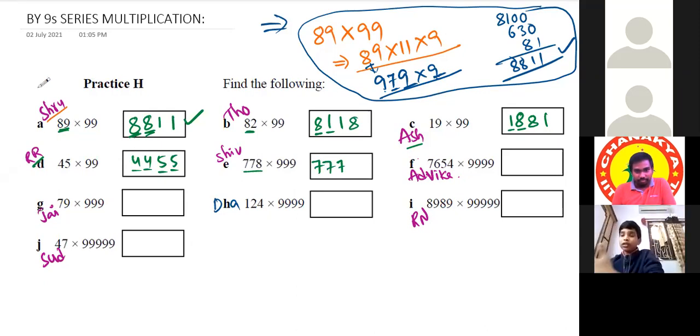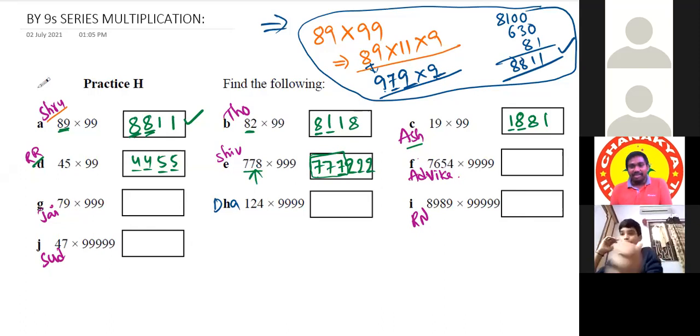Sir, 9 minus 7 is 2. 9 minus 7 is 2 again. Don't do it for the given number, do it for the changed number. Okay, sir.